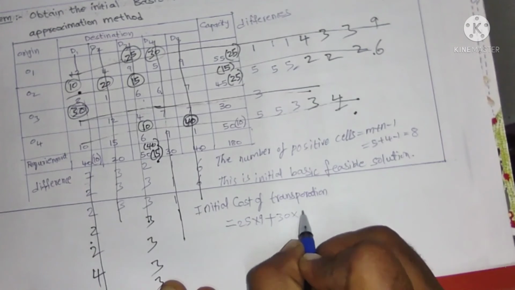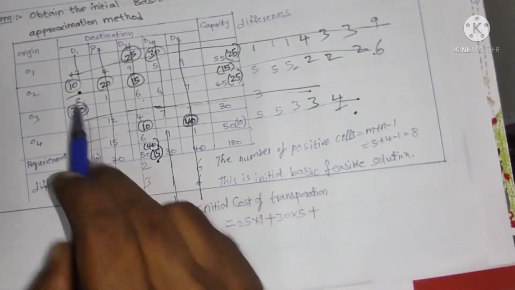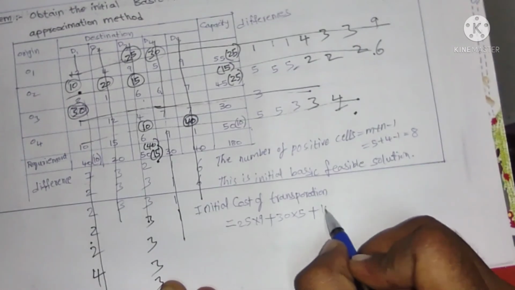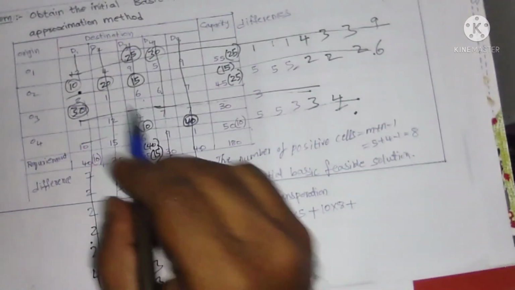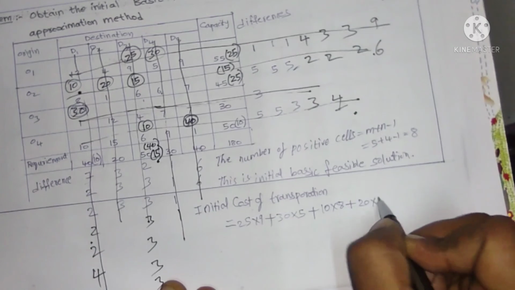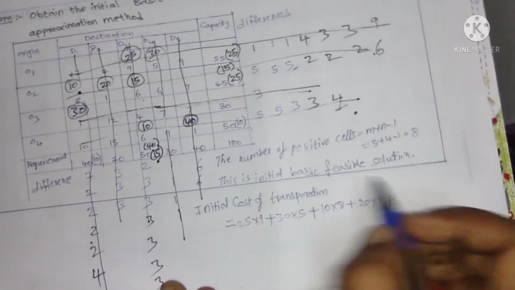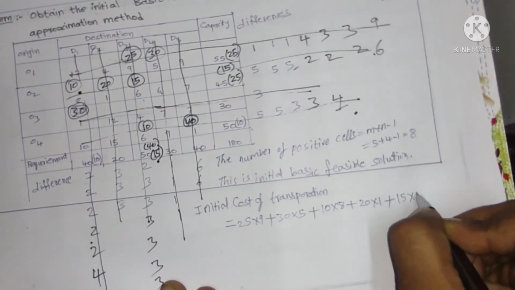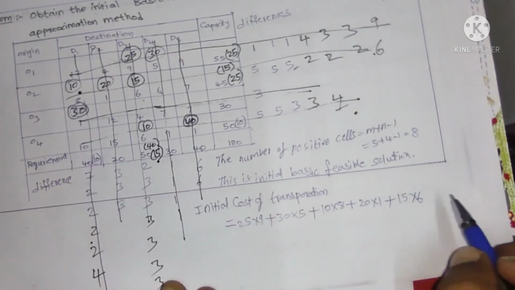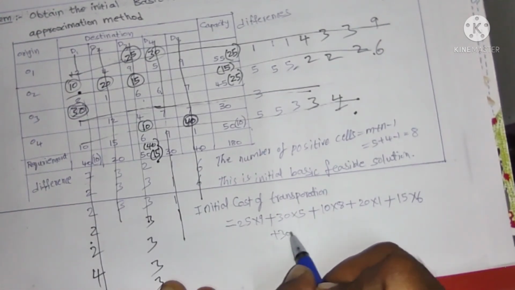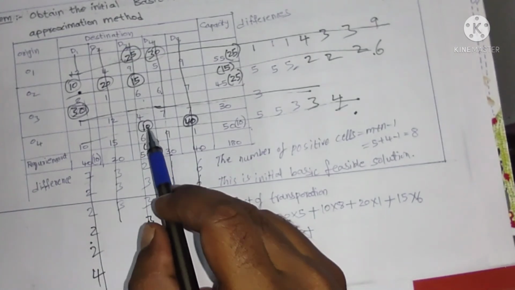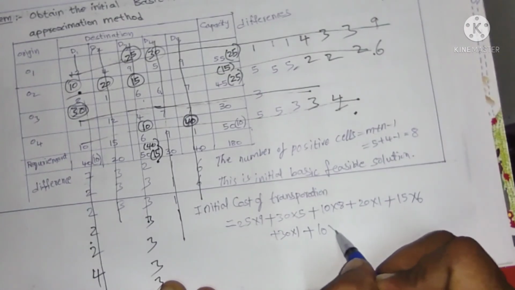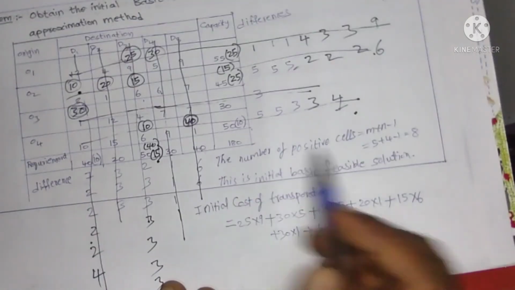We have to take the positive cell numbers, plus 10 into 8 plus 20 into 1 plus 15 into 6 plus 30 into 1 plus 10 into 6 plus 40 into 1.